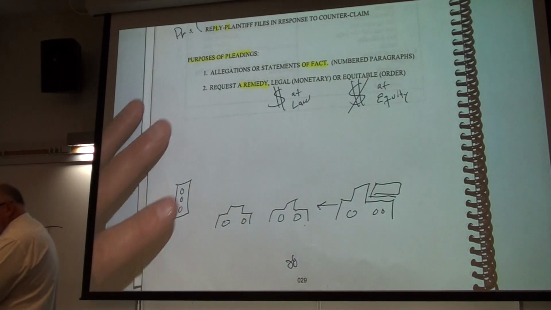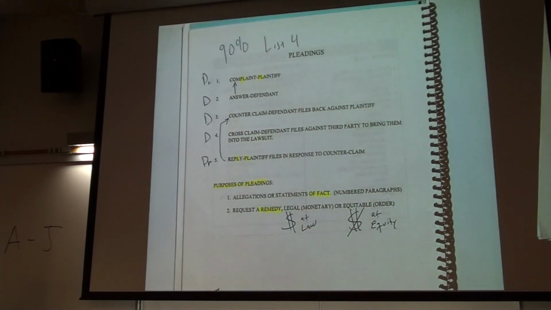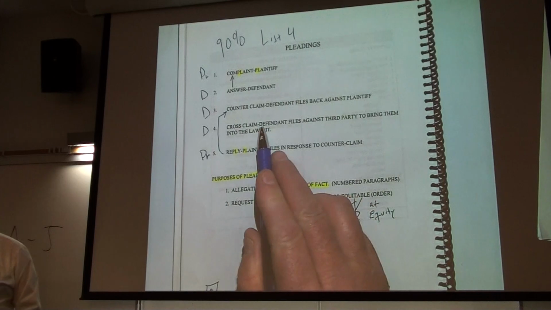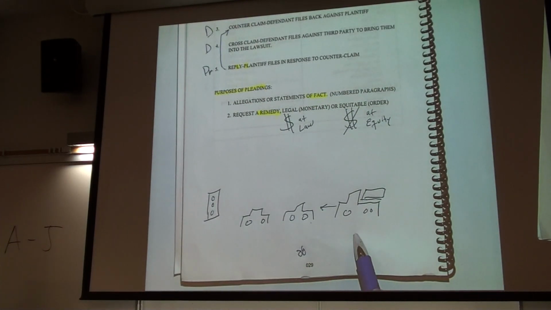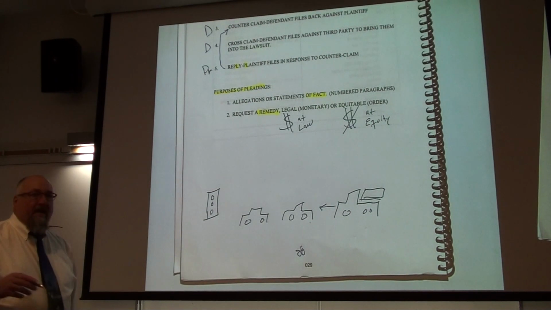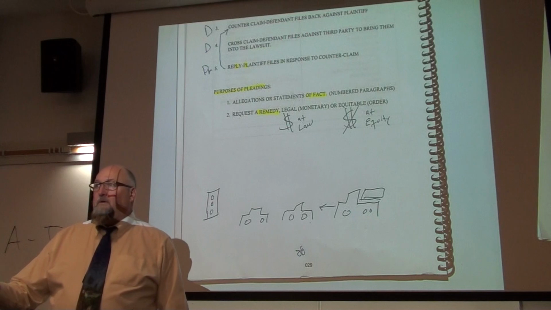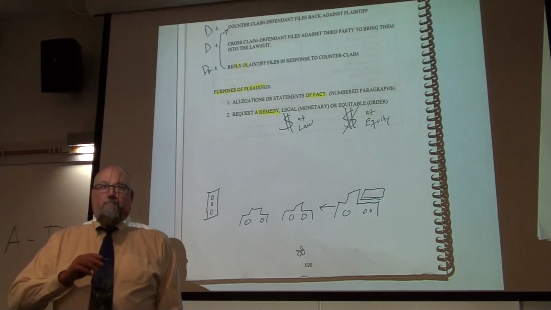So you would file that, and then that would have to be filed and served upon me as the plaintiff, and then it would also have to be served upon the dump truck driver along with the summons. And then the dump truck driver would have to file an answer responding to the defendant's cross-claim.